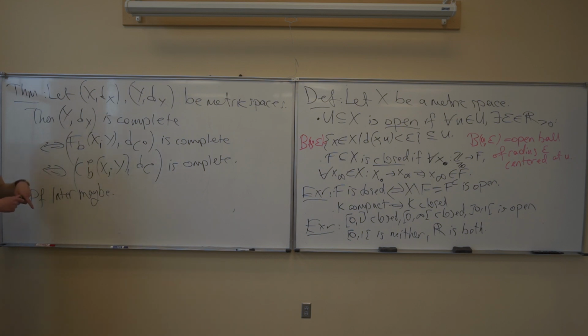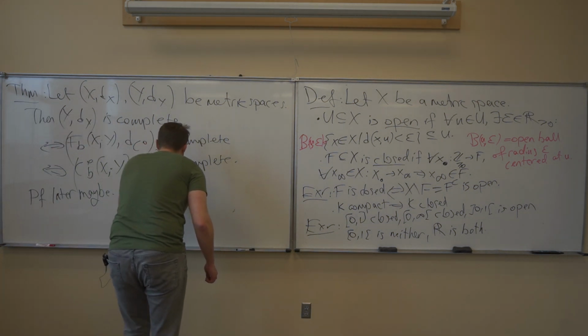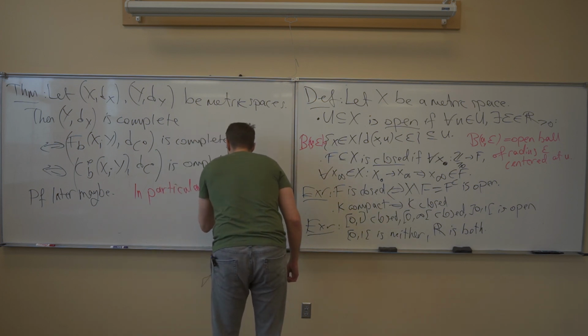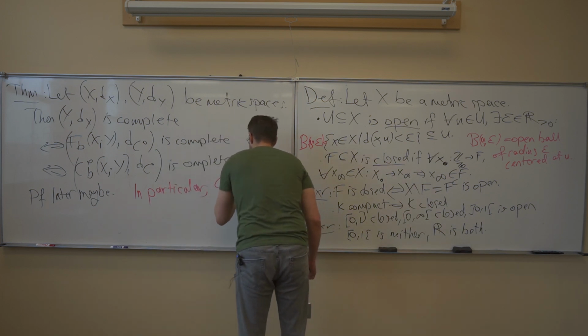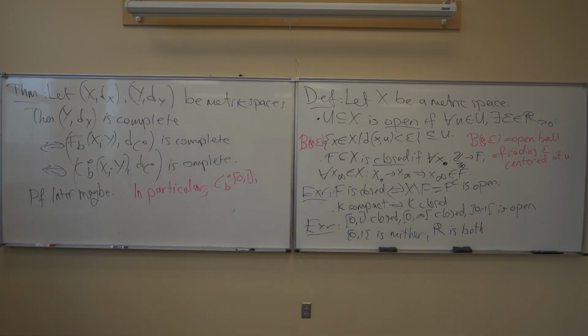So in particular, this means that no matter what x is, the set of bounded and continuous functions taking real values is complete, because the reals are complete, okay? In particular, I don't need to write b there.